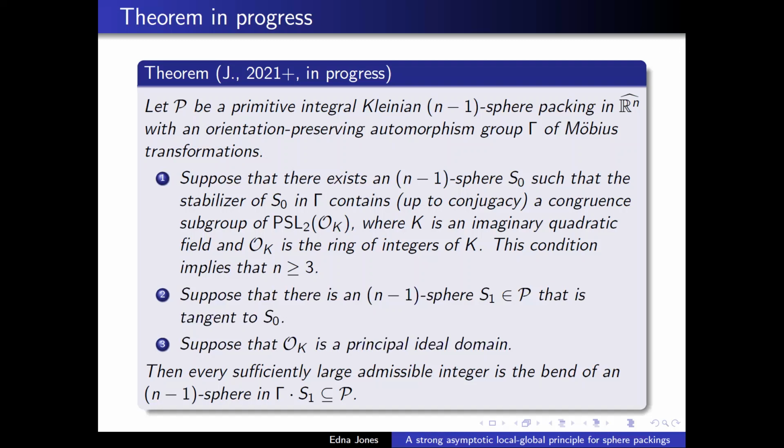With all of this, I'm trying to prove that every sufficiently large admissible integer is the bend of an n minus one sphere in the orbit of S1 under gamma, which is a subset of our packing.